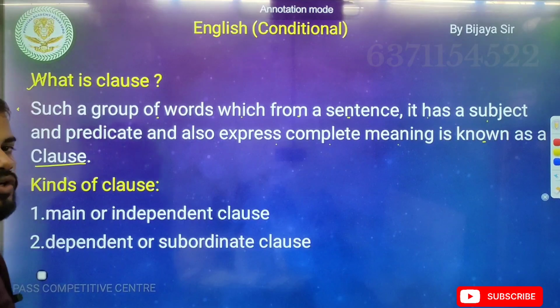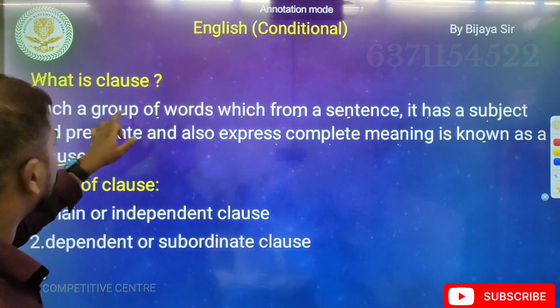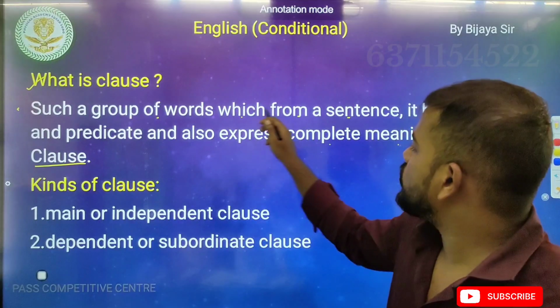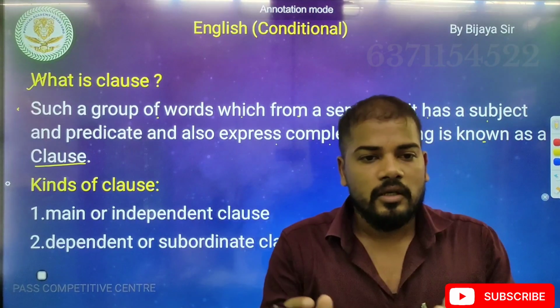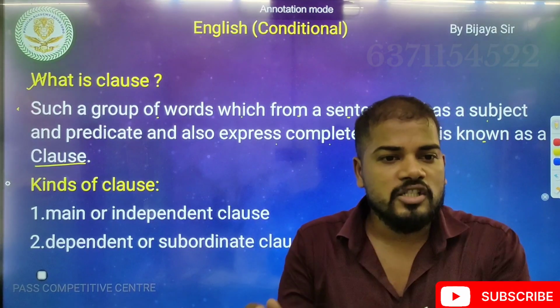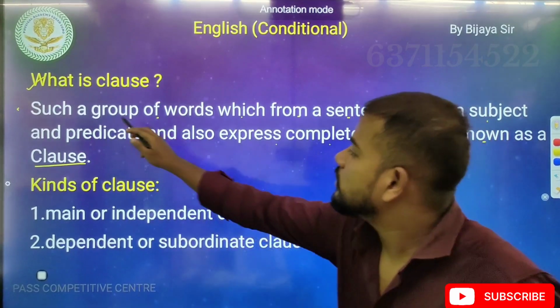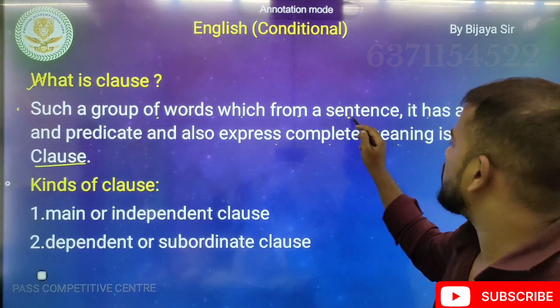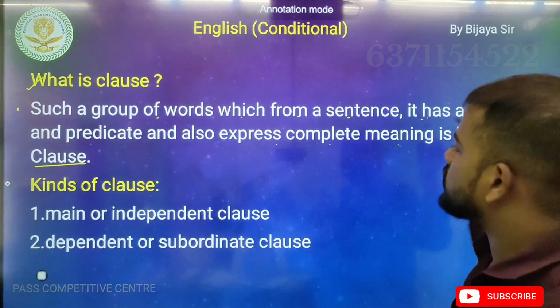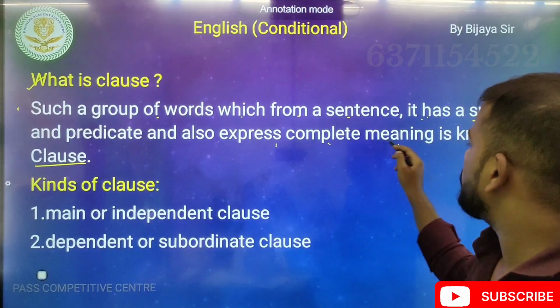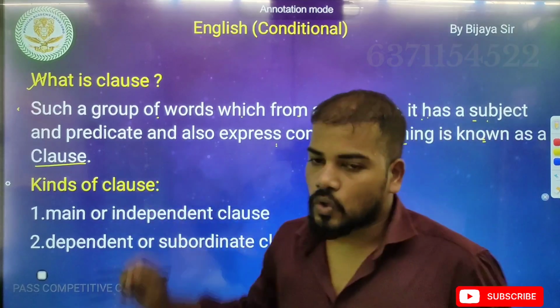Such a group of words which form a sentence. It means it's a group of words and it's a part of a sentence. It has a subject and predicate and also expresses complete meaning.